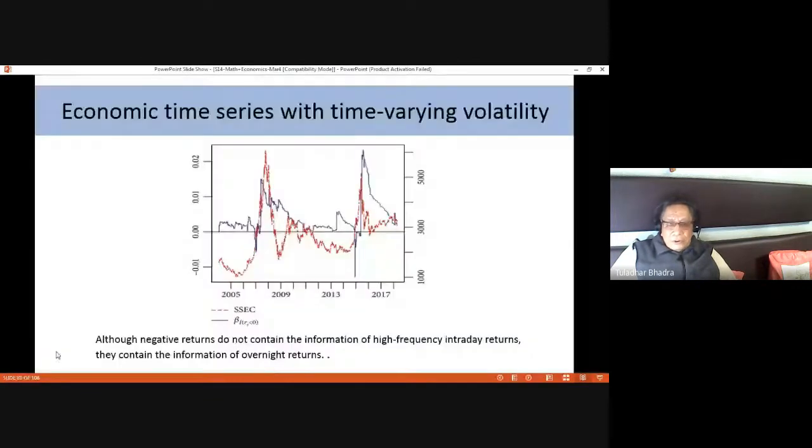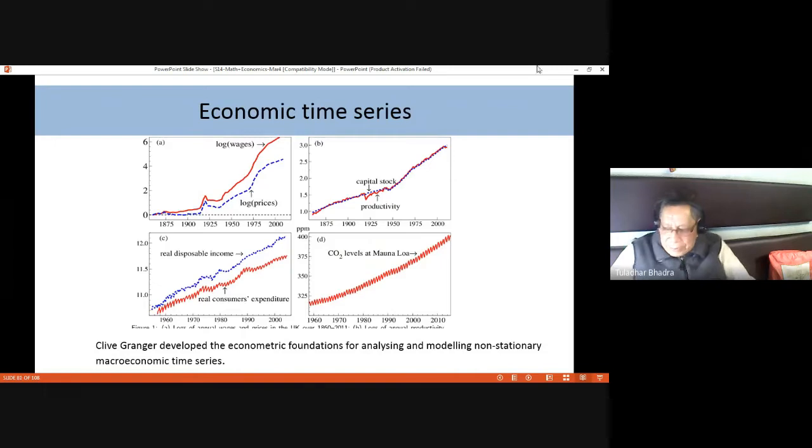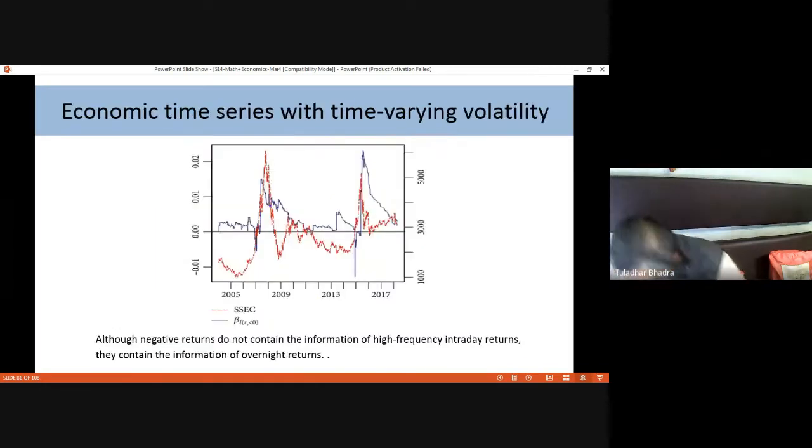So this is the economic time series with time-varying volatility. This is all over here. Some of his slides I could find on the internet, and then I could show you here.